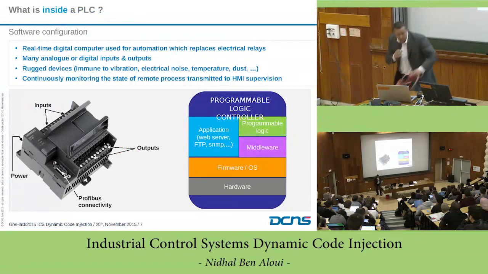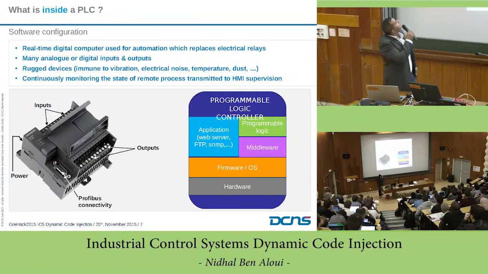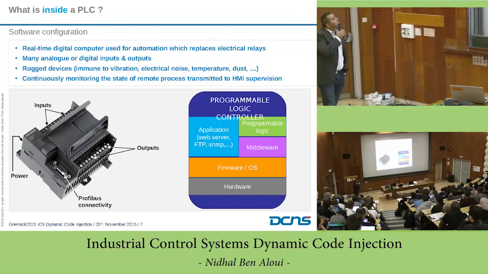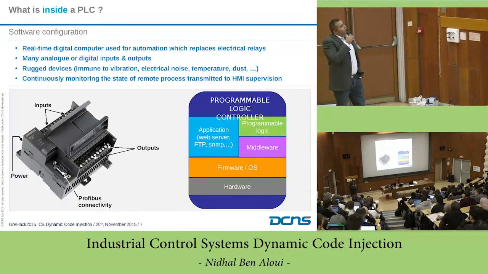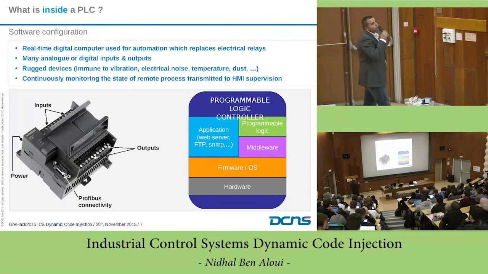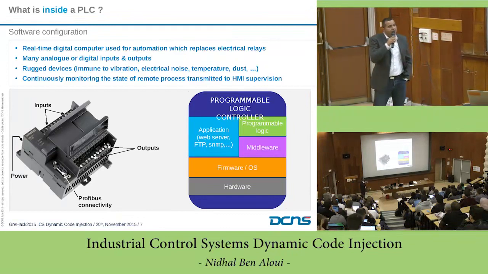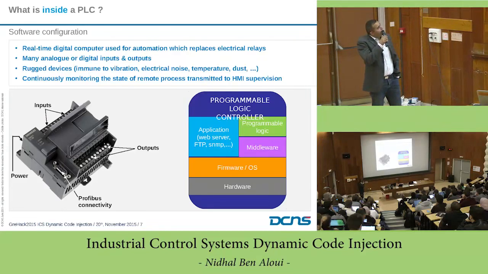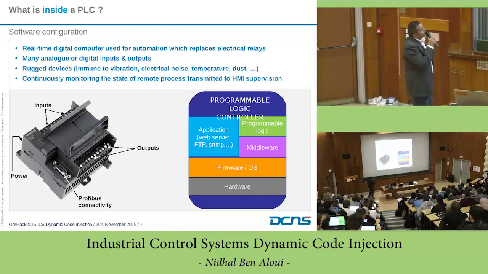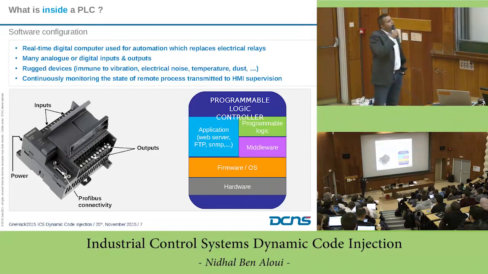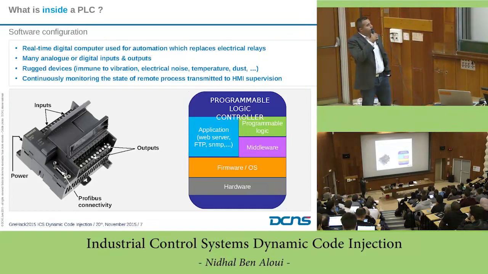So let's talk about software configuration. What do we have inside the PLC? The PLC is a real-time digital computer used for automation. I don't need to repeat the definition of the equipment. Here we have an example of another model, an S7-400.